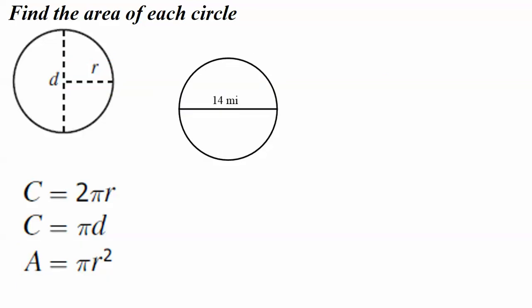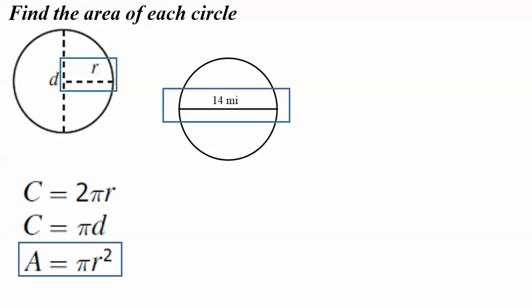Let's find the area of another circle. This time, I'm still using the area equals pi r squared formula. It's the only area formula that I have. But I need a radius, and what I'm given is most definitely a diameter. So before I can find the area, I'm going to need to solve for my radius.